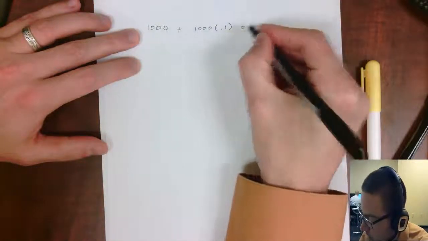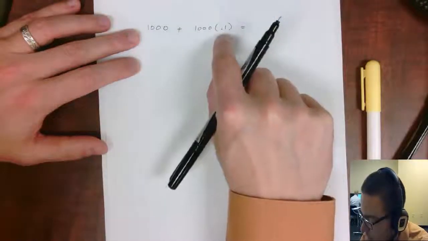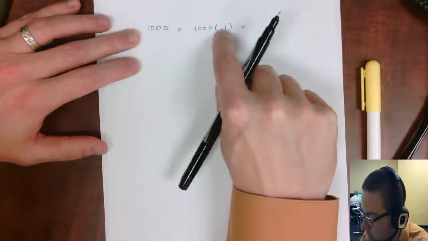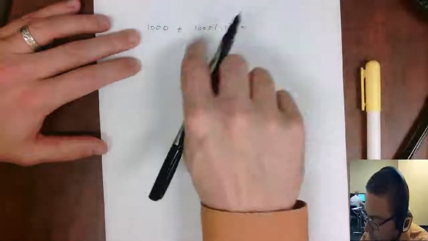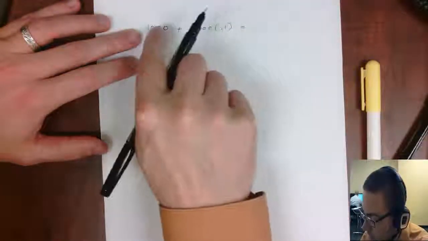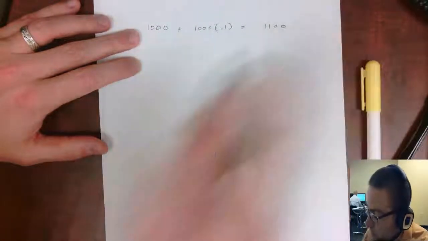Okay, and then we get our value at the end of the year. So 0.1 just moves the decimal place over one space, so that makes 1,000 into 100. So this is going to be 100 plus 1,000, so 1,100 will be the new value.